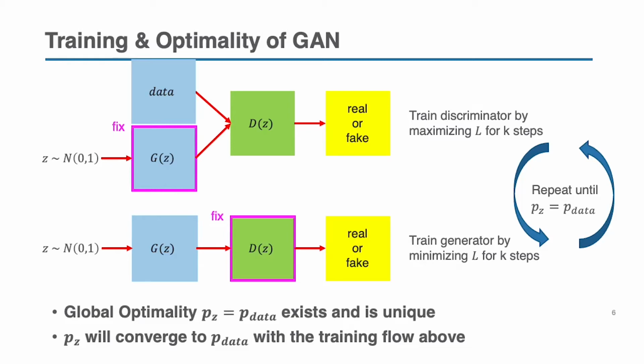These two points are mathematically proved in the original paper of GAN, but I'm not going to go into the details here because that's not the purpose right now. If you are interested, you can refer to the paper that we've listed in the reference slide at the end of this presentation.